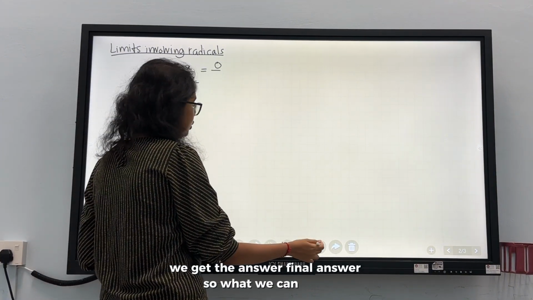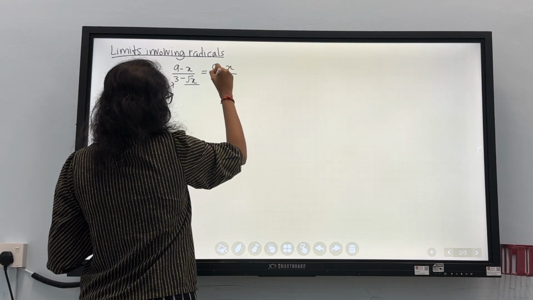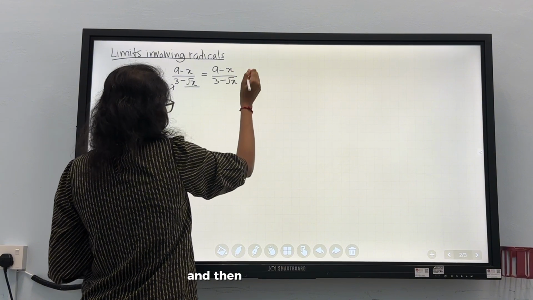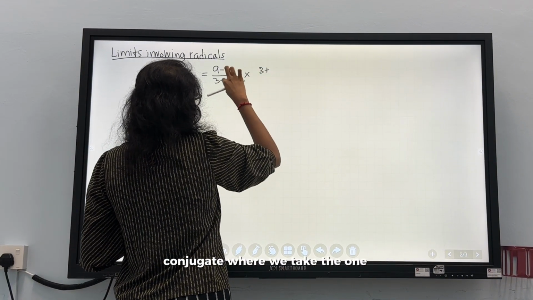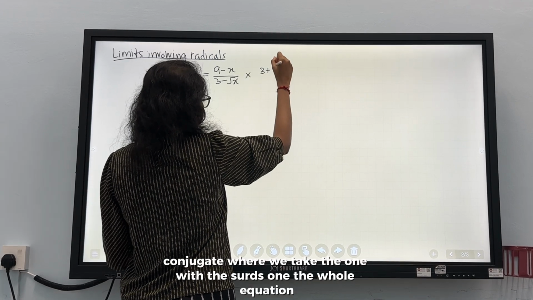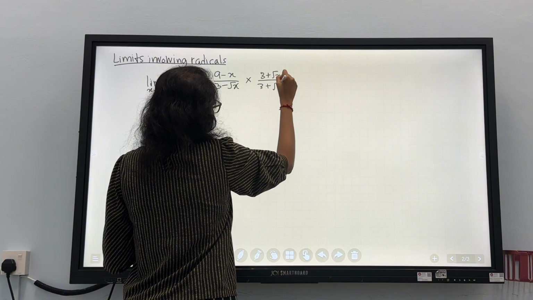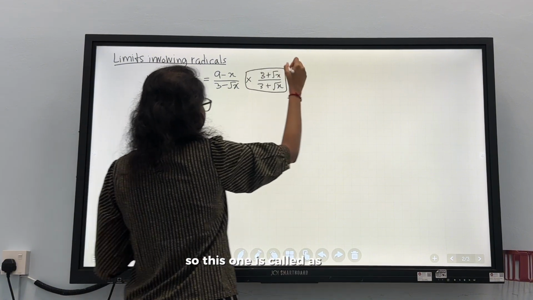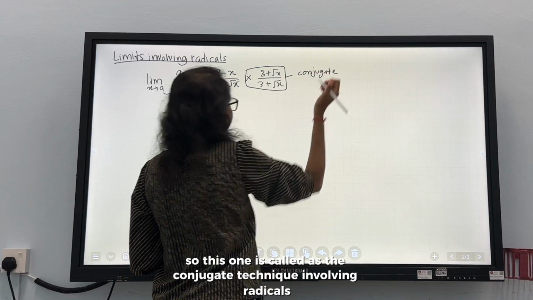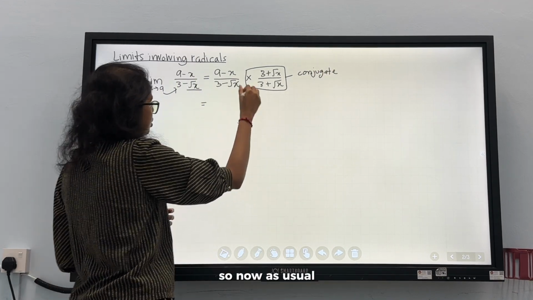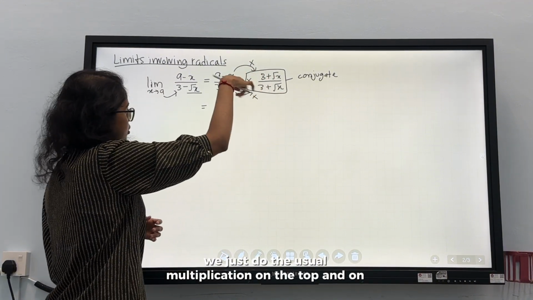What we can do is write it back and then do the conjugate. We take the whole expression and multiply it like this. This is called the conjugate technique involving radicals. Now, as usual, we do the multiplication on the top and on the bottom.